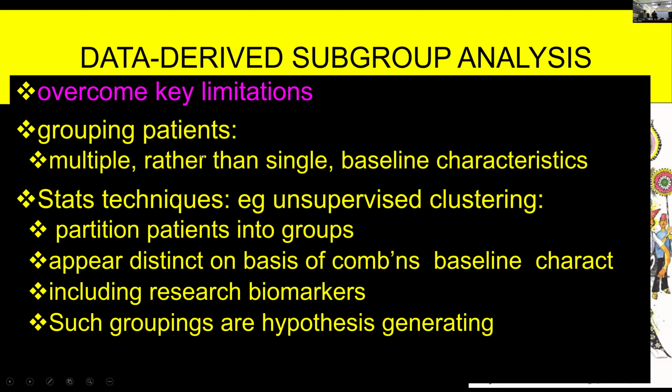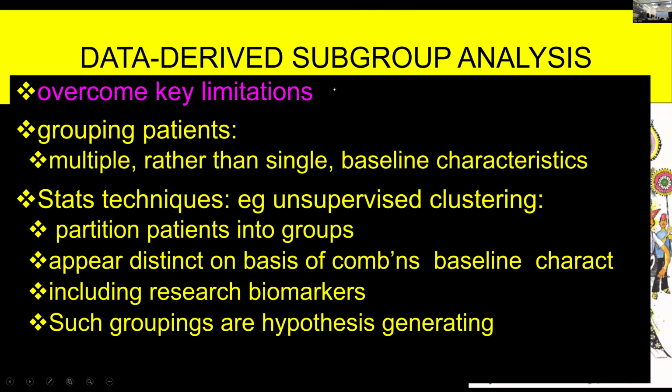If you take age, gender, comorbidities together and make a single combination and classify them as high risk, moderate risk, and low risk. Now, these can include biomarkers. Suppose you have CRP values or you have calprotectin values. You can include that also in the model.